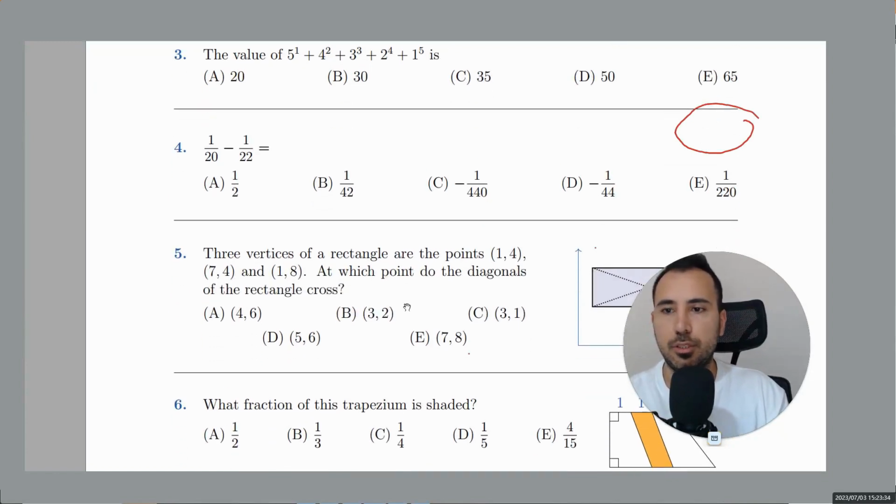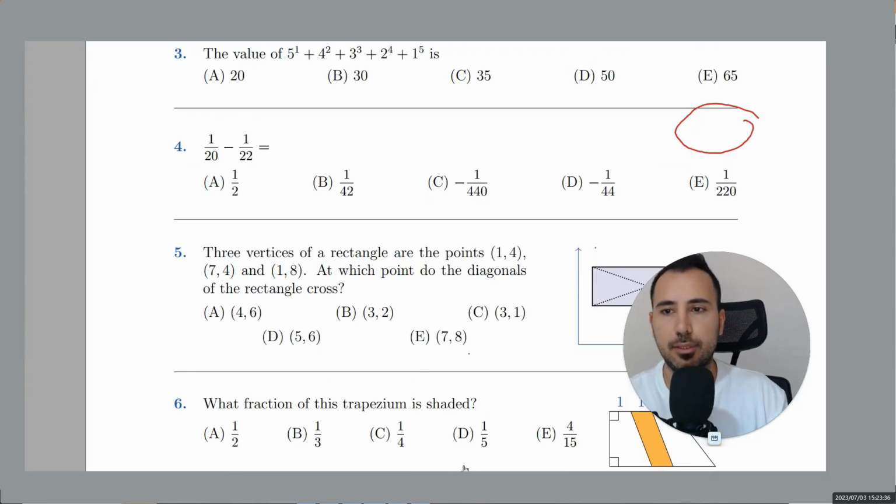Okay, let's go to question 4. We just have to subtract these two. Actually, we're going to need this for one of the upcoming questions. So for this one, I will write it like this. I will factorize 1 over 2 from both of them.